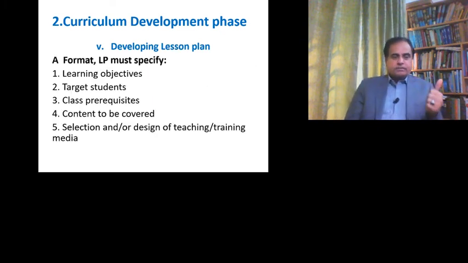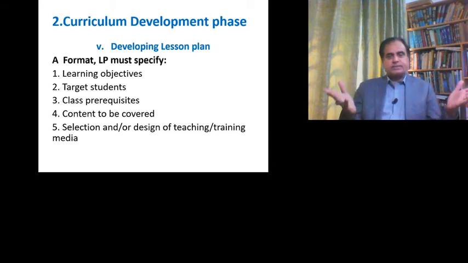Here we have a suggested format for a lecture plan, not necessarily, but I think these are principles for writing a lecture plan. Number one, learning objectives should be kept in mind. The target students should be known to the one who is planning the lecture. What are the class's required prerequisites?